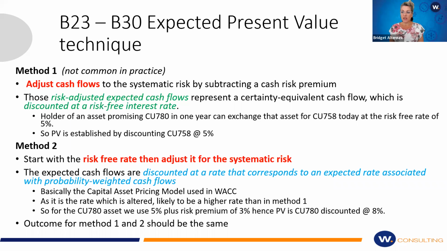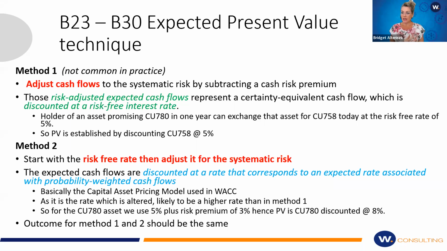The second method, which is the more commonly accepted or seen method when doing present value computations under IFRS 13, is where the entity will use the weighted average cash flows, but they start with the risk-free market rate and then make adjustments to that discount rate to take into account specific characteristics of that asset, of that market, etc. So the weighted average probable cash flows are discounted at a rate that corresponds to an expected rate associated to those cash flows.